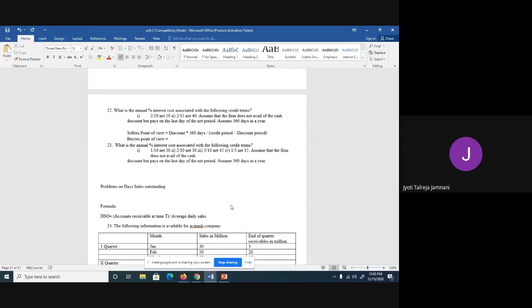From buyer's point of view, the formula is discount divided by 1 minus discount, into 360 divided by credit period minus discount period.